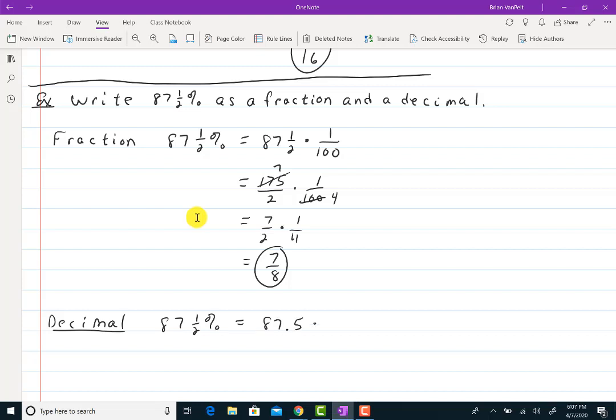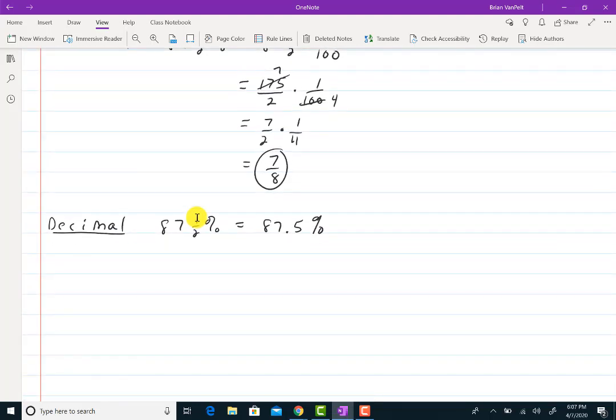And then I'm going to change the percent to 0.01. I was going to go like I showed you in the very first, but I think converting to the decimal percent first is a good idea, because now you're going to move the decimal 2 places to the left, and you end up with 0.875.